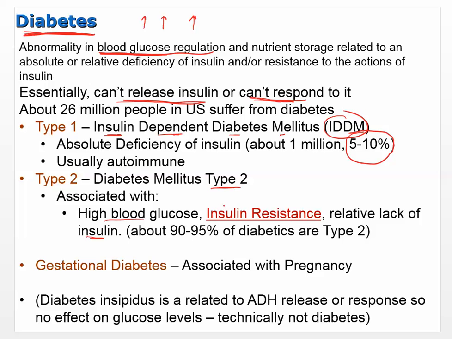And so that's what we call insulin resistance. And insulin resistance is one of the biggest problems in terms of what's causing type 2. Because you're still releasing insulin, it's just not having an effect.